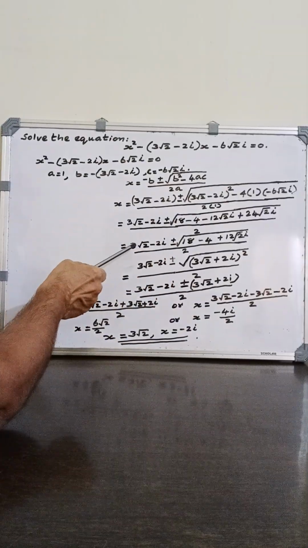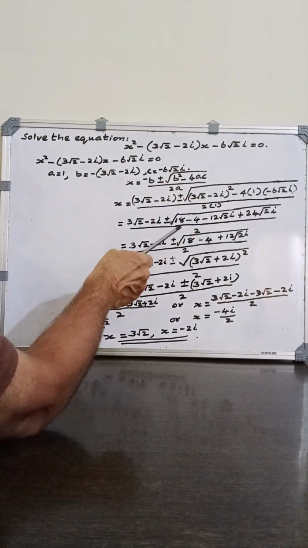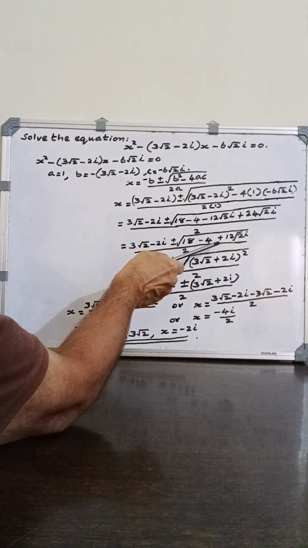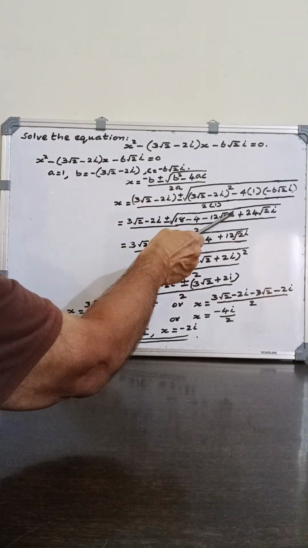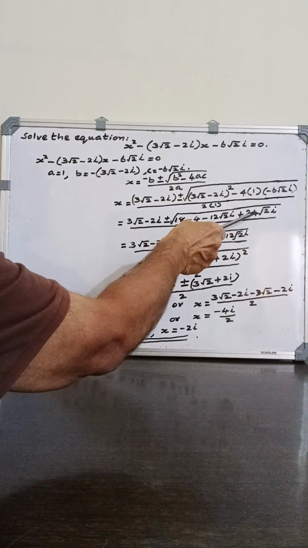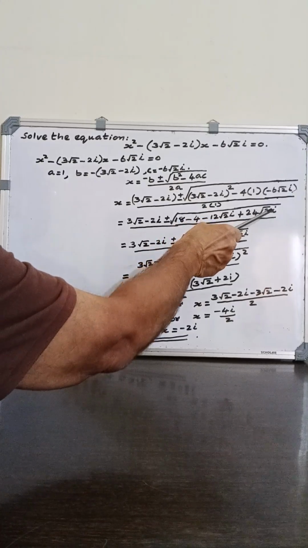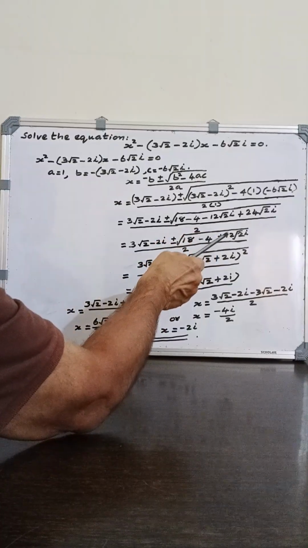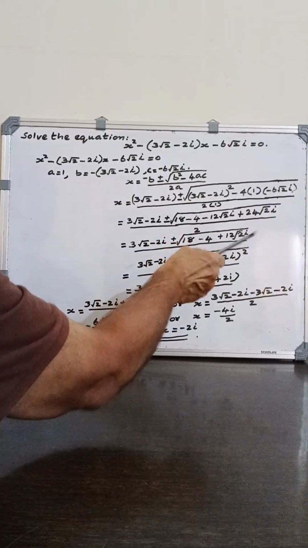That is 3 root 2 minus 2i plus or minus root of 18 minus 4 minus 12 root 2i and plus 24 root 2i are like terms. Therefore, when we simplify, we get plus 12 root 2i.